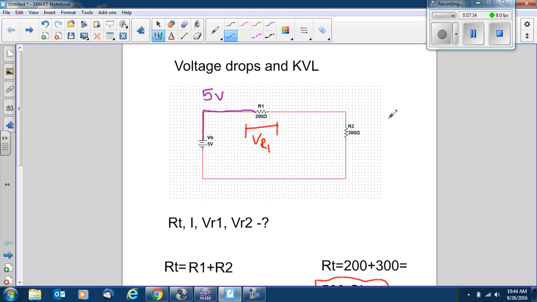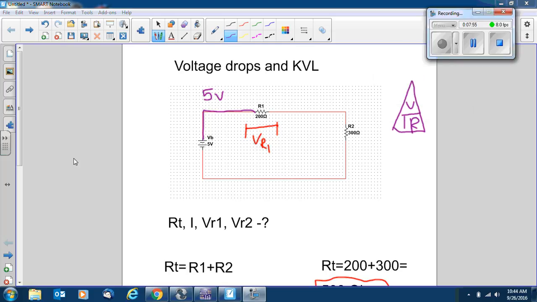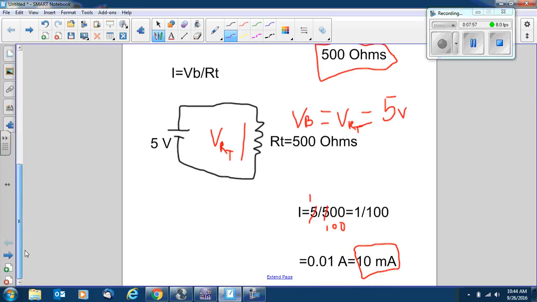We can use Ohm's law again, and let me draw my triangle. I've got V over I times R. And I'm going to block out V, so I end up with I times R. Okay, so this is going to be my formula.